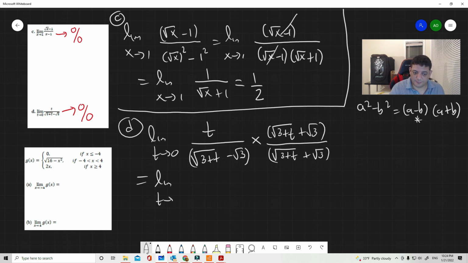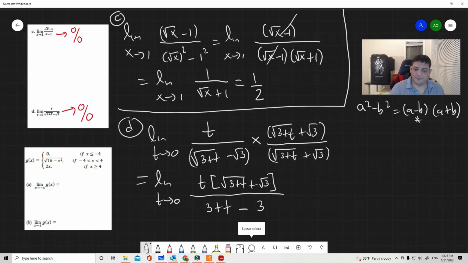This with this is going to produce something new. And so now on the top I have the square root of 3 plus t plus the square root of 3. And on the bottom, now I have t times that, and the numerator becomes 3 plus t, which is the square of the square root of 3 plus t, minus 3. And so notice that I get to cancel now the 3, and I'm only left with the t.